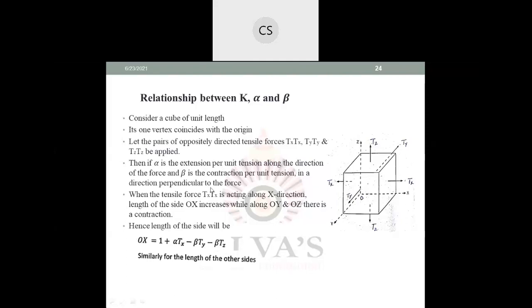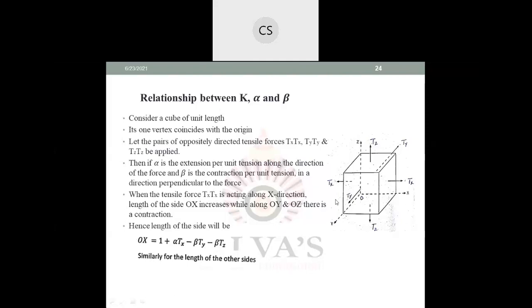Similarly, the same argument we have put forward for the x direction, you can put forward for the y direction also. The tensile force is acting along the y direction, that is Ty. Then there will be extension along OY, contraction along OX and OZ.